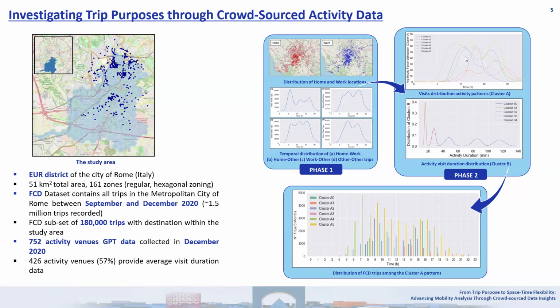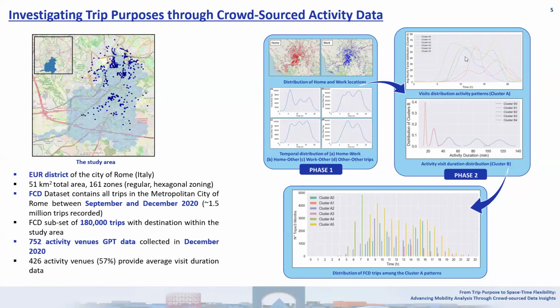Together with the visit patterns that are clustered for these points of interest, we collect also information about the visit duration. That is another piece of information that we can have with Google Popular Times.